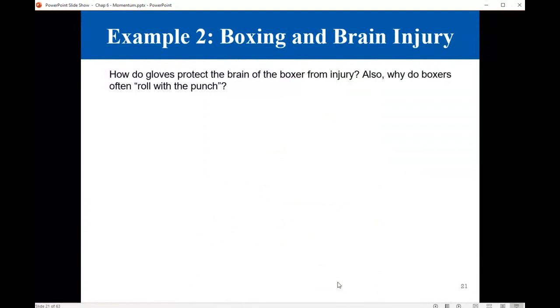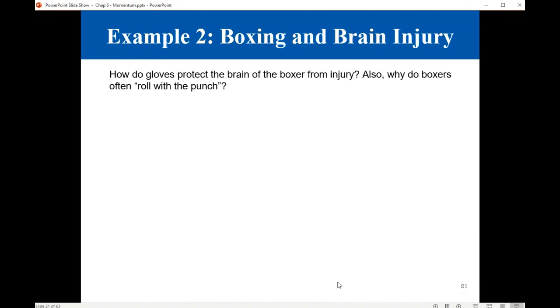Another nice example that I selected for discussion in this lecture is boxing and brain injury. Boxing was one of the popular sports in the 19th century. At that time, boxers were playing with their bare fists, and that usually could cause injury most of the time.